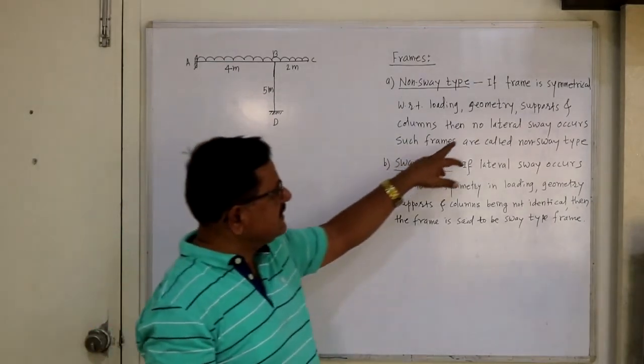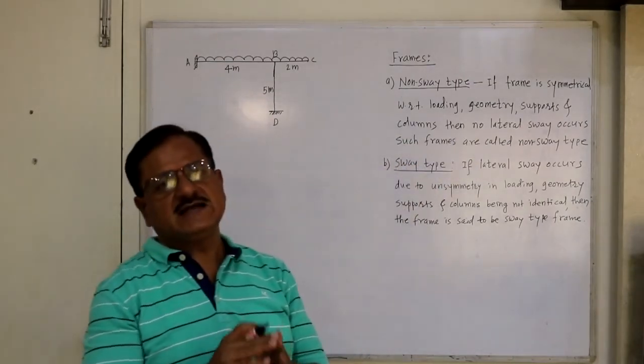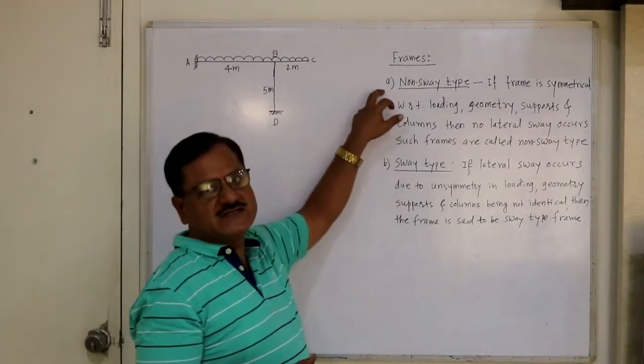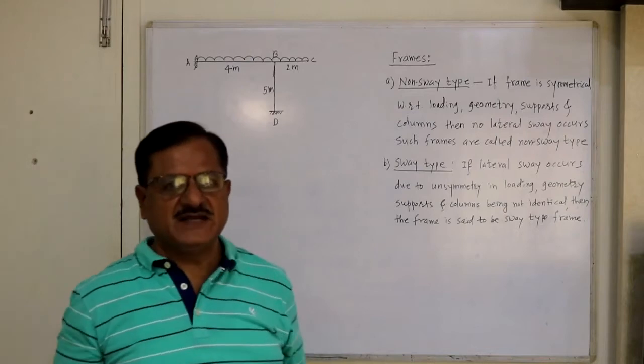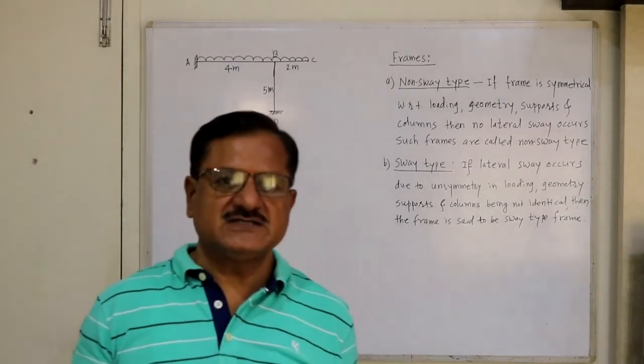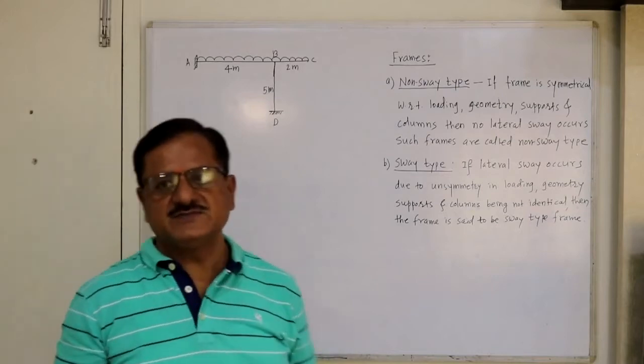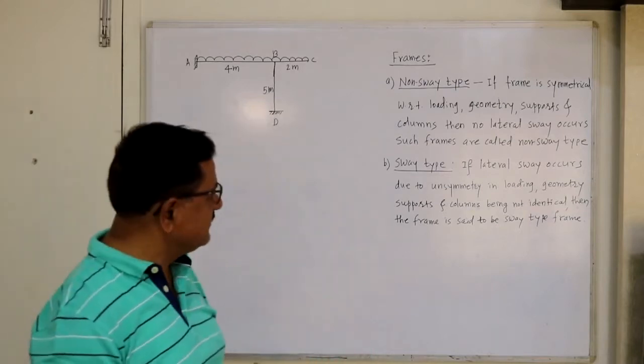If the columns are identical, then there will not be lateral sway of the frame. Such frames are called non-sway type frames. Means if there is symmetry in all these parameters, then lateral sway will not occur, and we call these frames non-sway type frames.